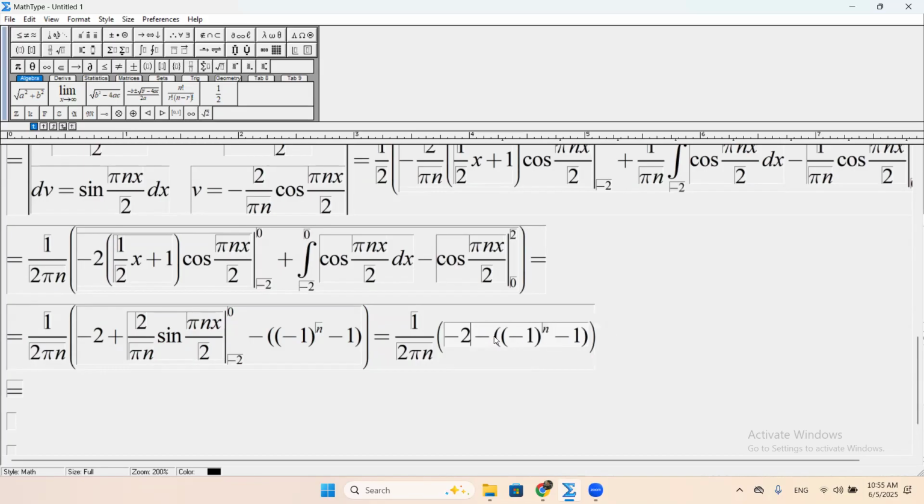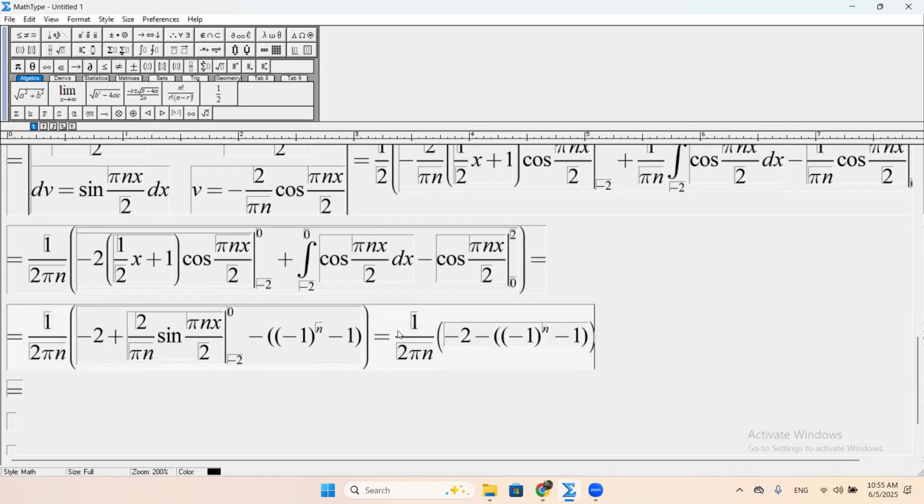So minus 2, plus 1 and plus minus 1 in power of n. So we have the following expression.